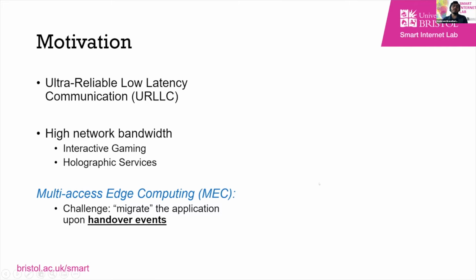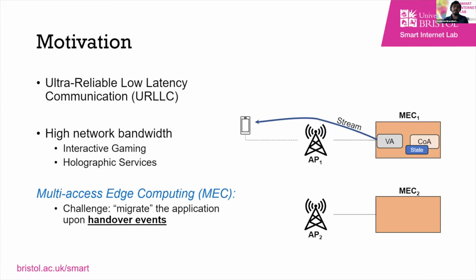The problem with this is that when we move the application closer to the user, the user is constantly moving, right? So if the user moves away from the access point, we have to move the application together with the user. So if we take, for example, a game, an application that requires a lot of bandwidth because we have to stream video. We are talking here about a server rendered game.